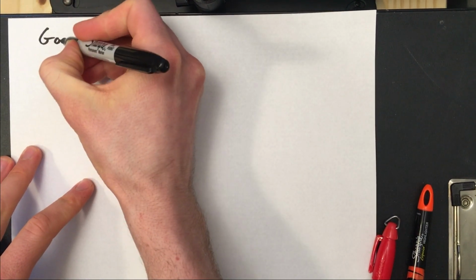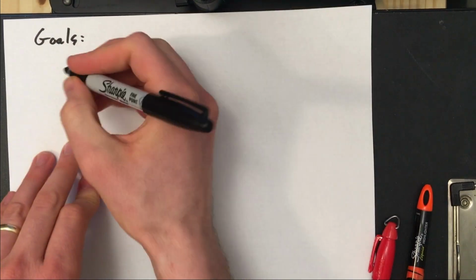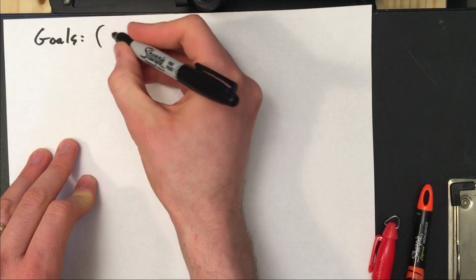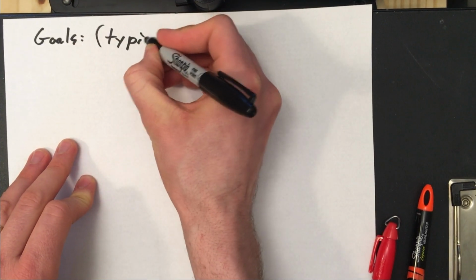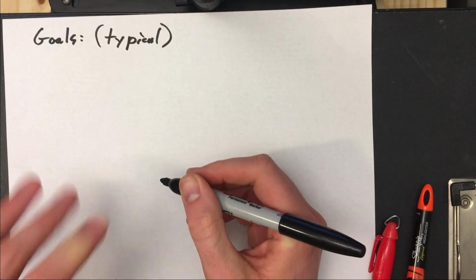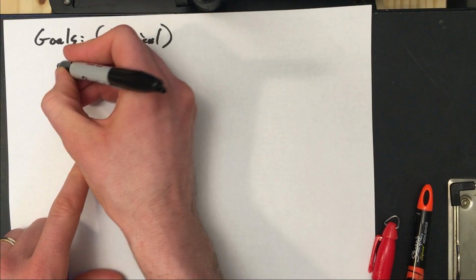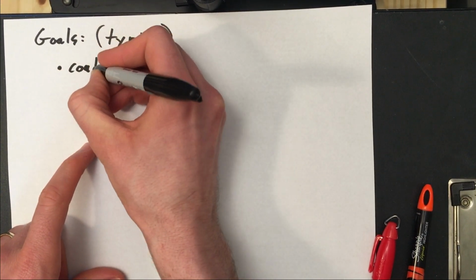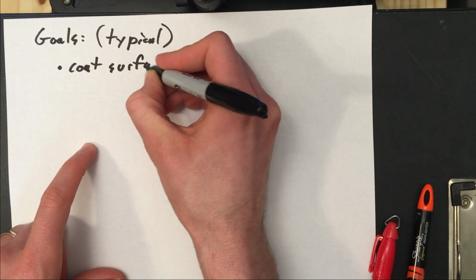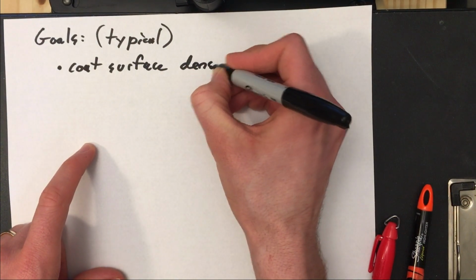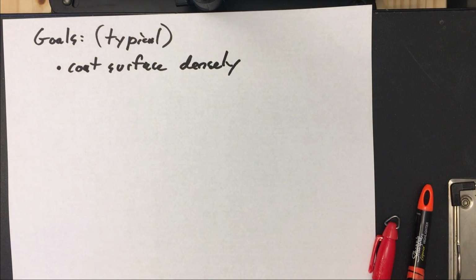We can break it down as follows. In general, and we'll talk about the typical goals, of course, there are exceptions, but usually we want to coat that surface densely.